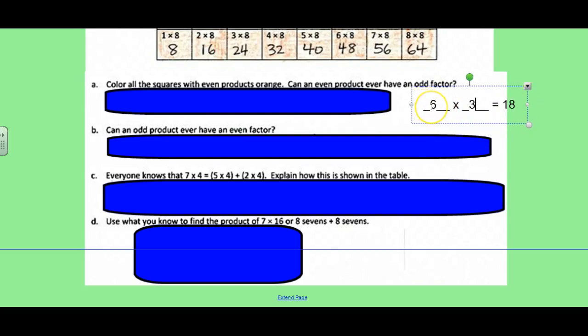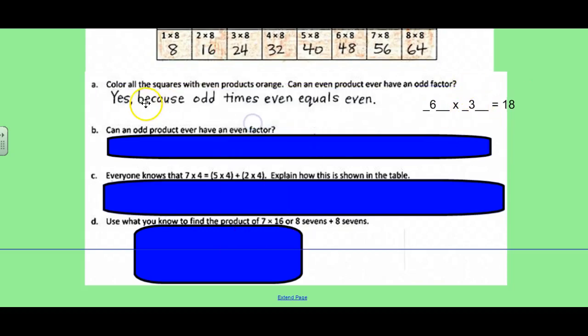Is 6 odd or even? It's an even number. Is 3 odd or even? It's an odd number. So this question says, can an even product, which is 18, ever have an odd factor? Well, we noticed right here that we multiplied 6 and 3 is an odd factor. So that tells me right there that yes, because odd times even equals even.